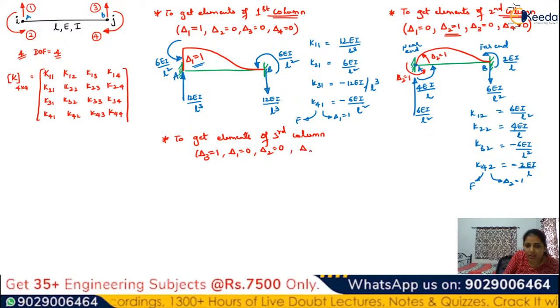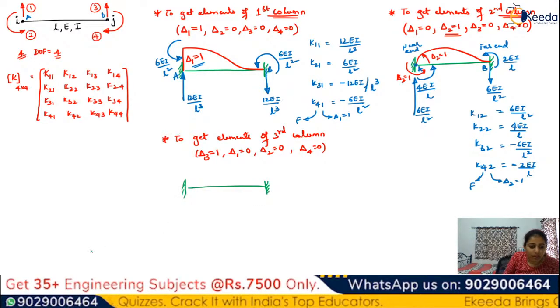So only in the direction of the third coordinate we have to give unit displacement, right? So how will it happen? This is your beam. What is your third coordinate? Vertically upward reaction at B. So you have to give a vertical displacement of delta 3 equal to 1.